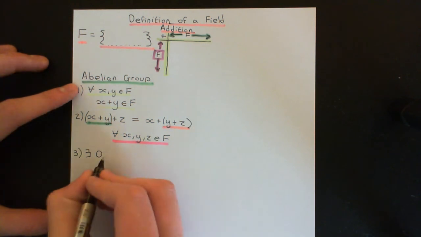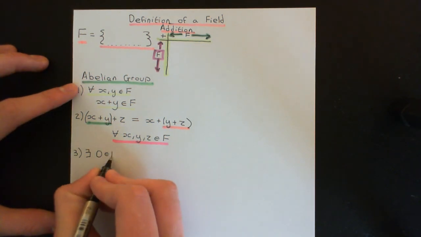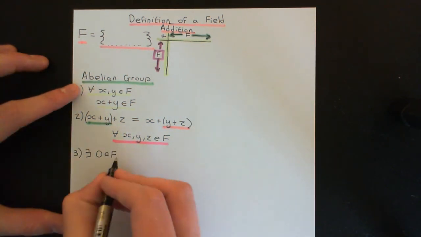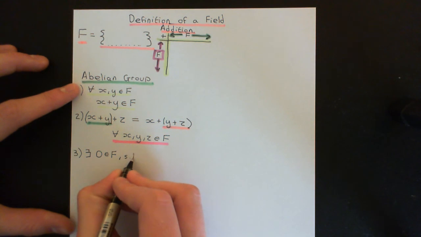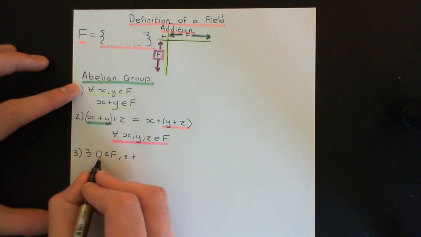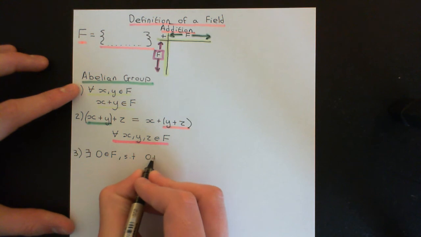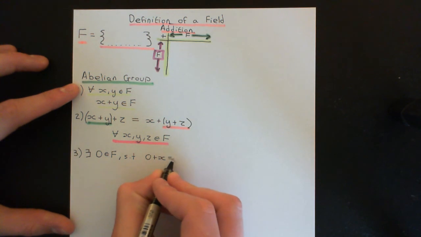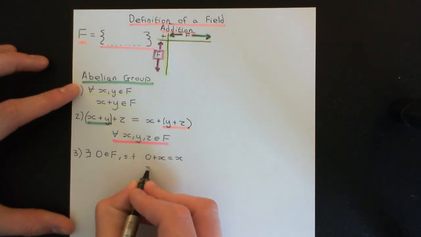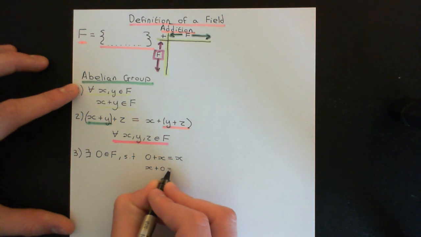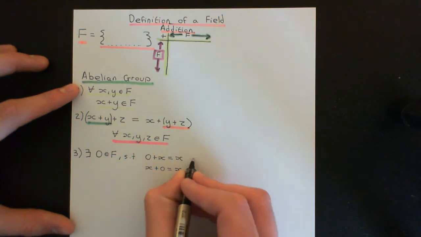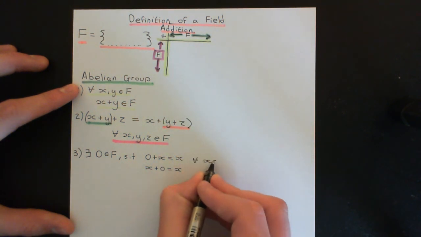So there must exist 0, which is an element of our set capital F, such that if you add 0 to anything, it gives that other thing back again. So 0 plus x equals x, and if you do it the other way around, x plus 0 also equals x, for all x an element of the field F.